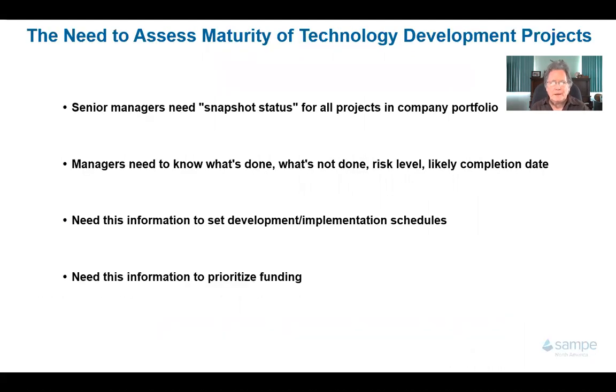So why do we need to assess technology maturity? A senior manager will oversee 25 or 50 or 100 projects, and he doesn't have time to read 50-page reports on the status of all the projects.